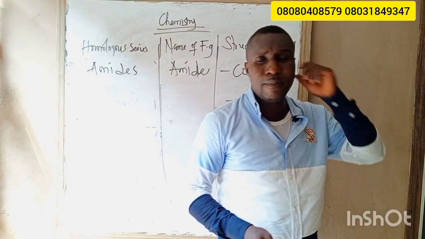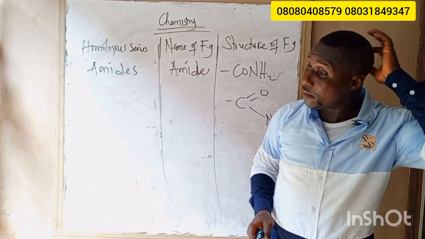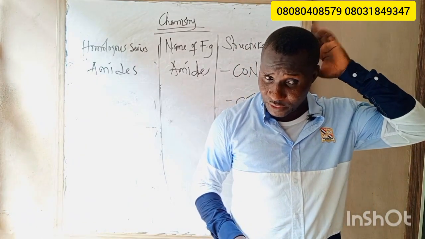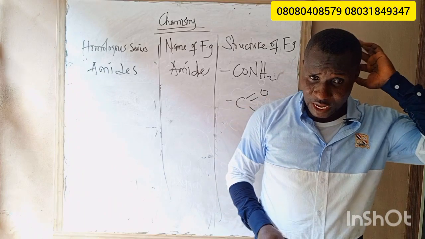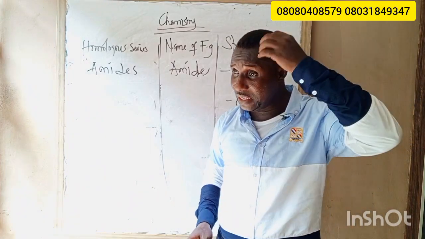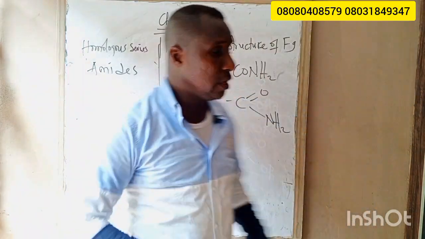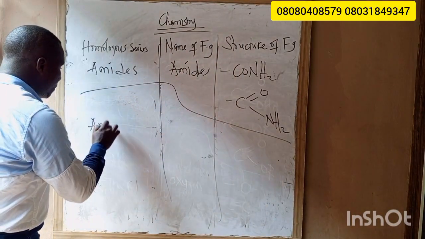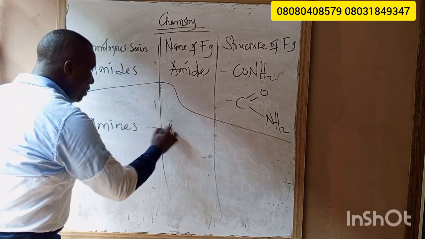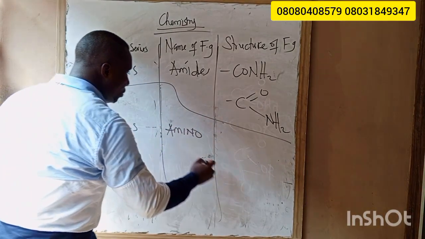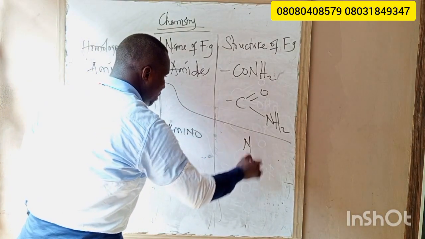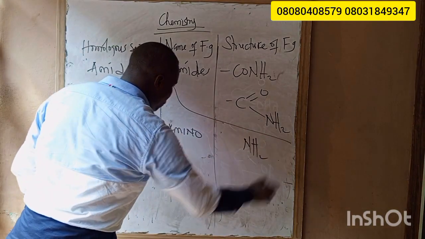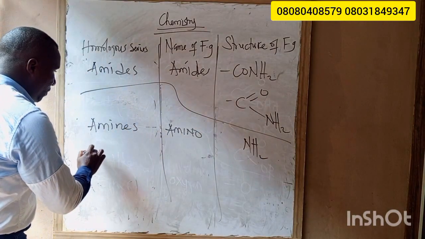Next one, we have amines. We have primary amines, secondary amines, and tertiary amines. The name amino is NH2.